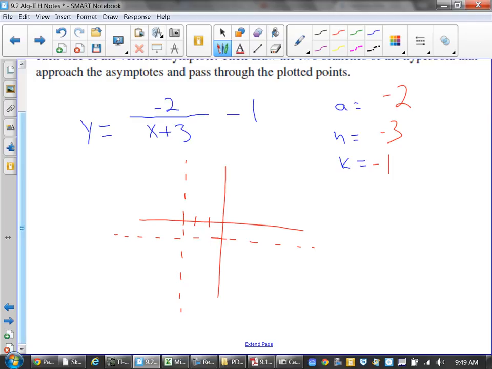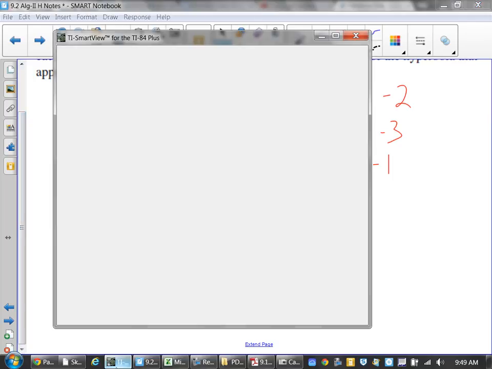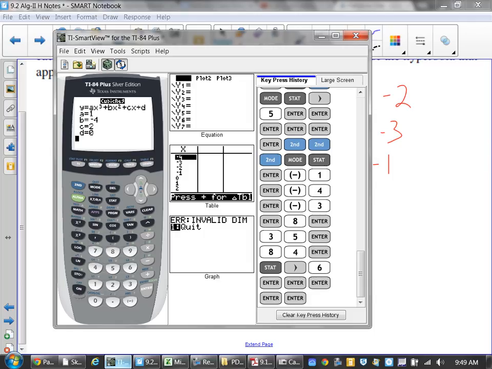Now, to figure out the rest of the graph, what do you think you're going to do? Graph it in the calculator. Use your y equals table. The equation was y equals -2 over x plus 3, all minus 1.